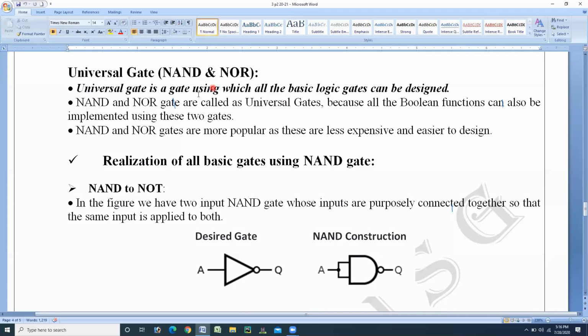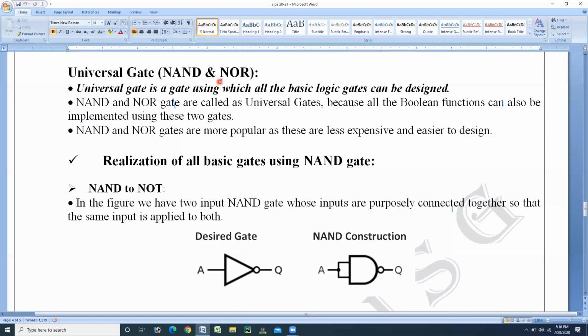What this sentence states is, if you take a NAND gate, the NAND gate can work like any of the basic logic gates. That is, it may work like a NOT gate, an AND gate, or even an OR gate also. That's why it is called a universal gate.